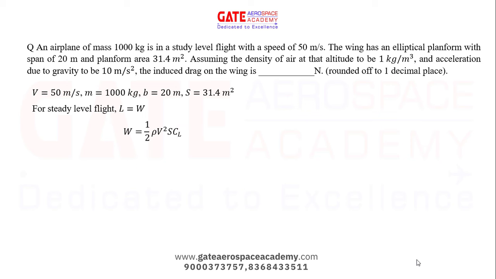Let's substitute 1000 into 10 g is equal to half into 1 density, V square 50 square, into area 31.4 into CL. So we'll get CL is equal to 20,000 divided by 50 square into 31.4, which is equal to 8 by 31.4, right?